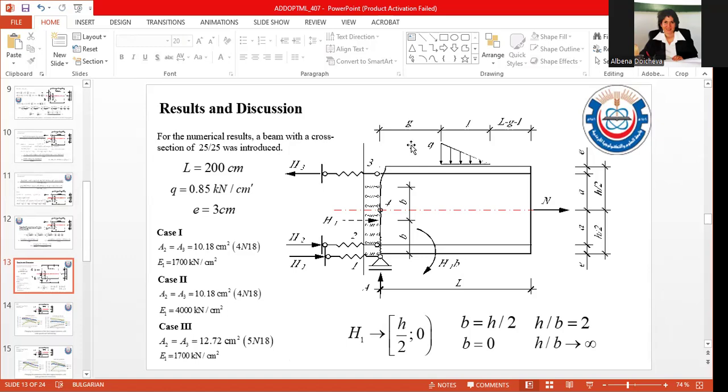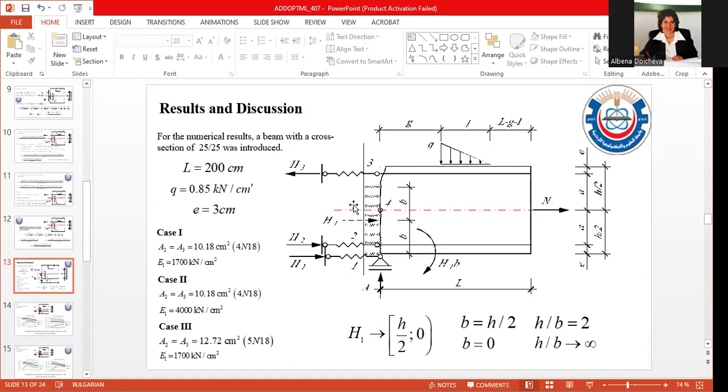In case 2, we have high strength concrete with the same number of reinforcement bars, and in case 3, we have normal concrete with 5 reinforcement bars for top and 5 reinforcement bars for bottom position of reinforcement.